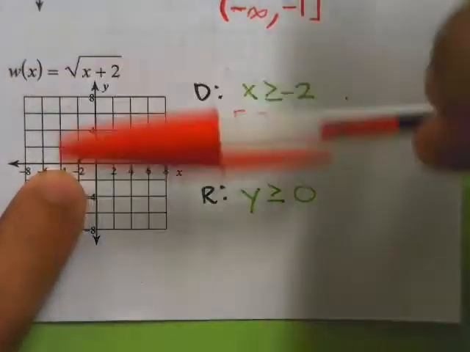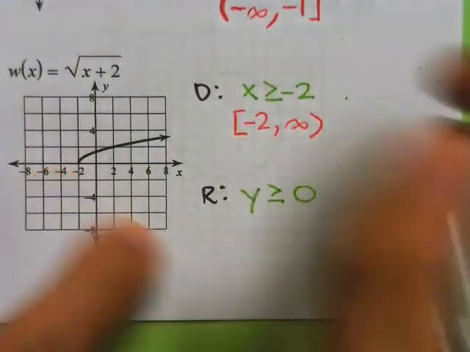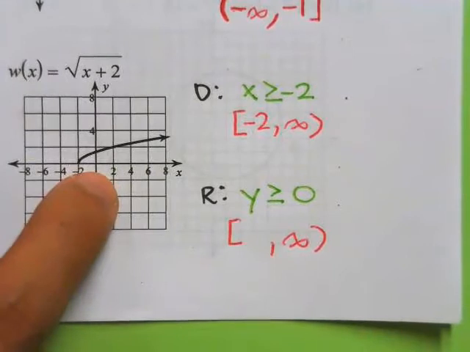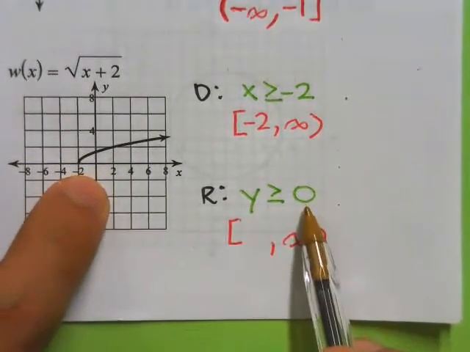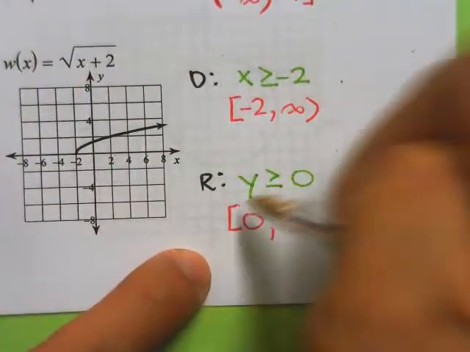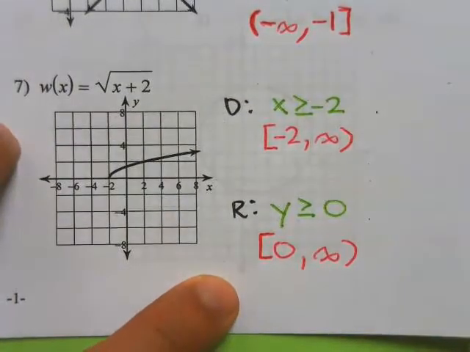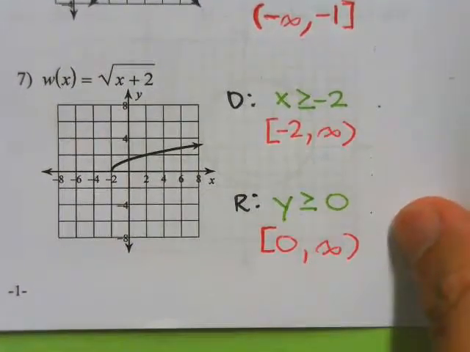Everything is above that 0, including 0, and we're going to have a similar interval notation. Since our lowest value is 0, we're going to go 0 over here, but it's included, so we're going to have that bracket. Okay, let's move on to the next portions, number 8 and 9.